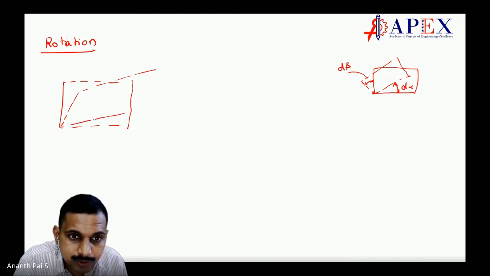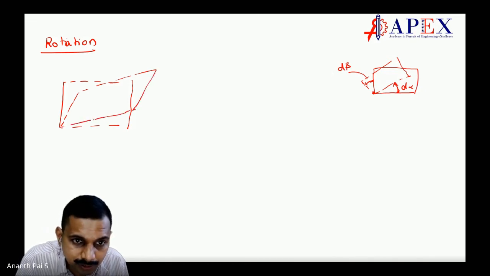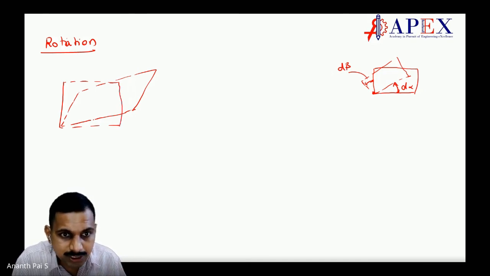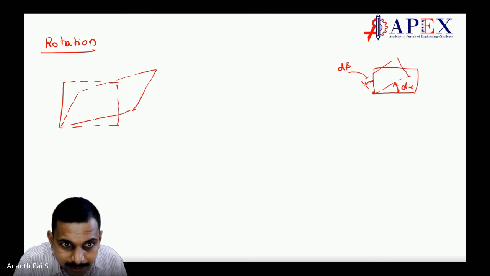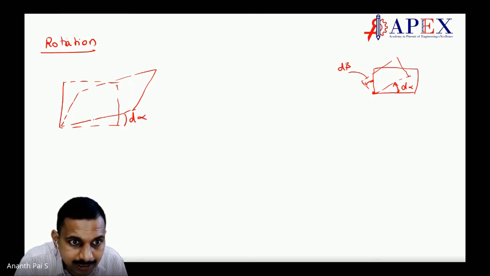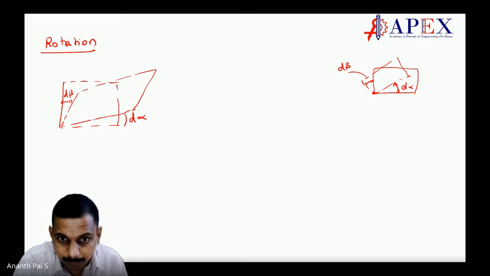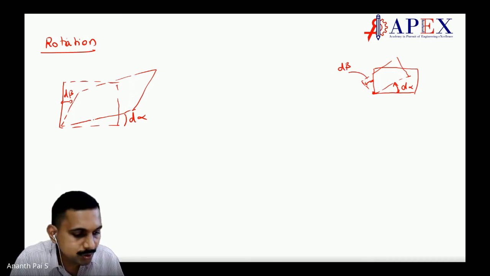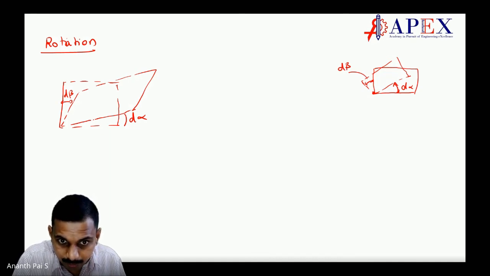So this would be the way it would deform. Here you have this angle as d alpha and this angle as d beta. So my rotation would be the average of this. So rotation would be rotation rate.